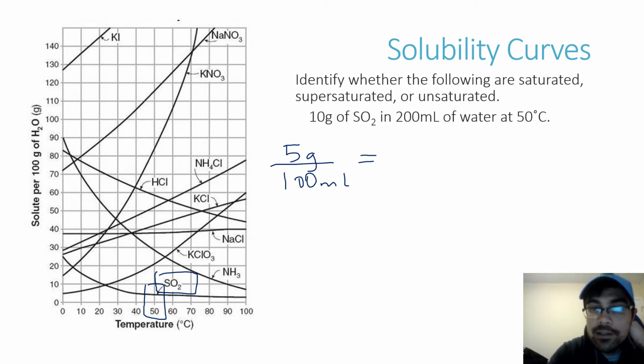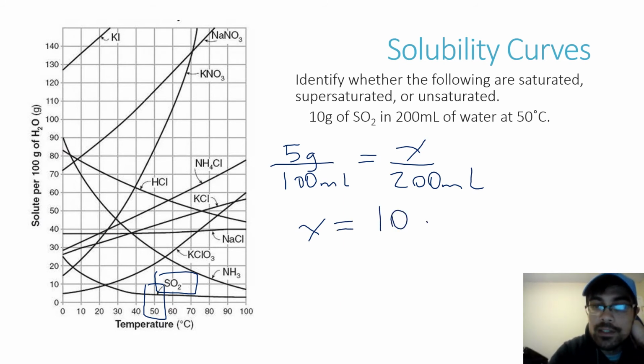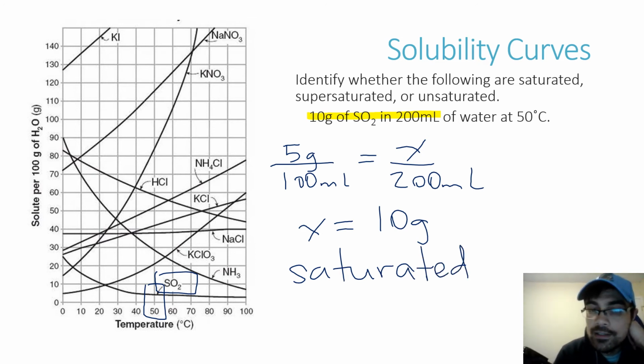So what does that look like in 200 milliliters? Solving for x, you would get that x is equal to 10 grams. Currently, the question states that we have 10 grams of SO2 in 200 milliliters. So this solution would be saturated. We could not fit any more sulfur dioxide at 50 degrees Celsius. So, saturated. It's right on the line.